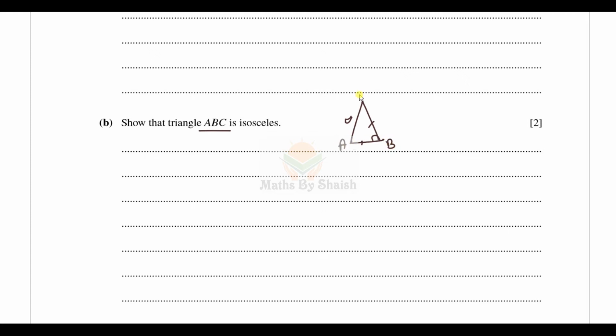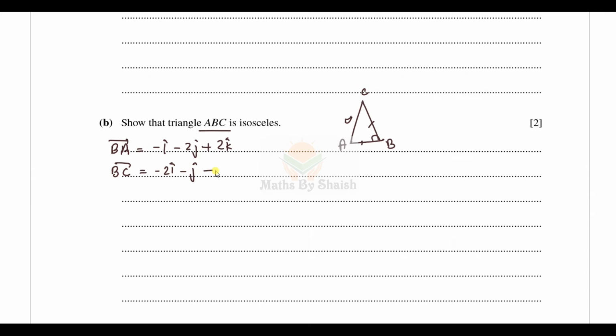BA vector was minus i cap minus 2j cap plus 2k cap, and BC vector was minus 2i cap minus j cap and minus 2k cap.